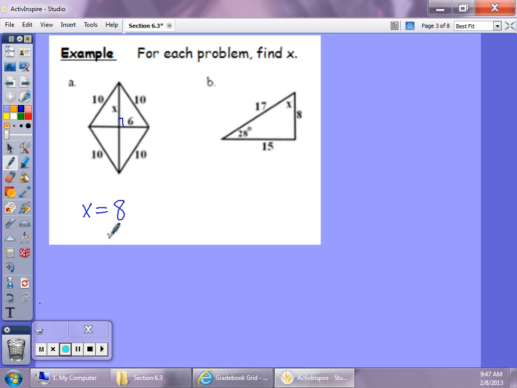So remember, you do not have to memorize the Pythagorean triples. If you don't memorize them, you can go ahead and set up a squared plus b squared equals c squared. So if we take x squared plus 6 squared and set that equal to 10 squared, and then we solve, we have x squared plus 36 is equal to 100.